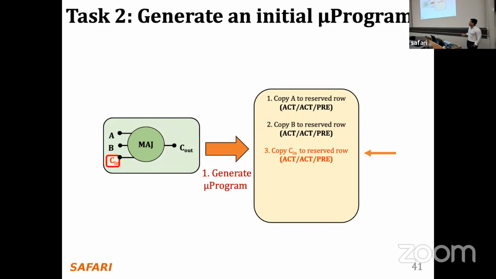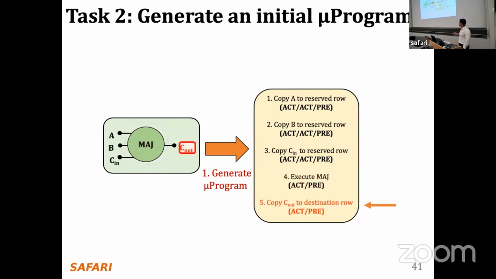Basically, we traverse the optimized majority-inverted graph, and then we generate in-DRAM row copies for the input rows so that we don't destroy the data, and then a majority operation to realize the input majority gates following triple row activations, and finally a copy from the temporary row to the destination row for the computation. So this should give you a valid microprogram, or a valid sequence of DRAM operations, that would realize that computation inside the DRAM chip itself.